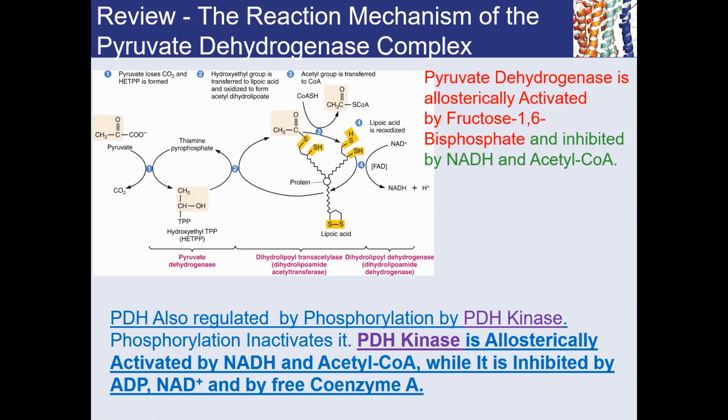So PDH kinase will be activated. Once PDH kinase is active, it will go and phosphorylate the pyruvate dehydrogenase complex and make it inactive. And that should all make sense to you.